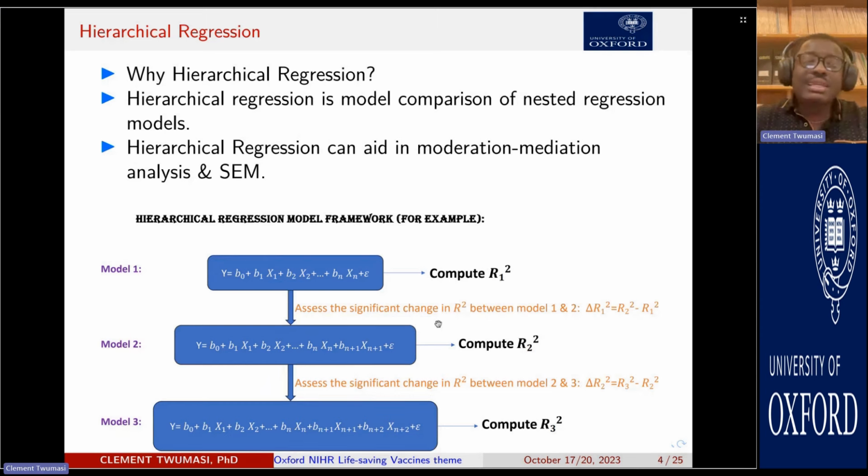So let's say we added a certain predictor into the model. And upon adding the second predictor, if the first predictor in the model was previously not significant, and after adding the second variable it became significant, then it tells us that in the presence of the second variable, the first variable was significant. And that could be a potential mediating variable, which we would have to do a formal test to ascertain.